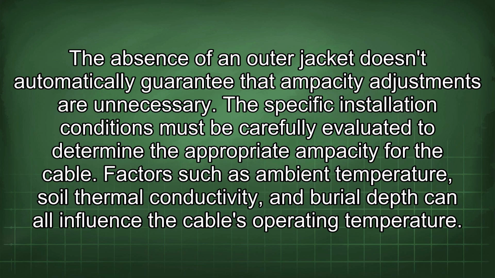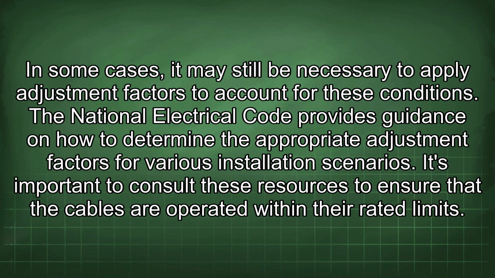Factors such as ambient temperature, soil thermal conductivity, and burial depth can all influence the cable's operating temperature. In some cases, it may still be necessary to apply adjustment factors to account for these conditions. The National Electrical Code provides guidance on how to determine the appropriate adjustment factors for various installation scenarios. It's important to consult these resources to ensure that the cables are operated within their rated limits.